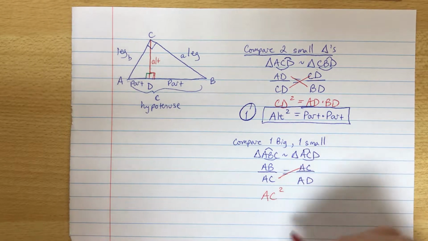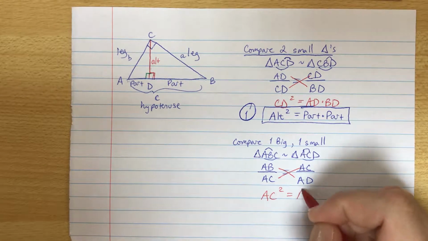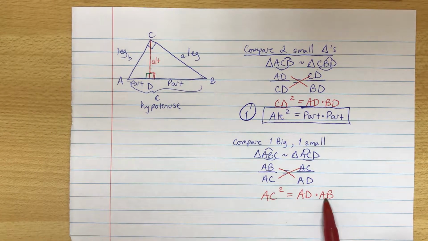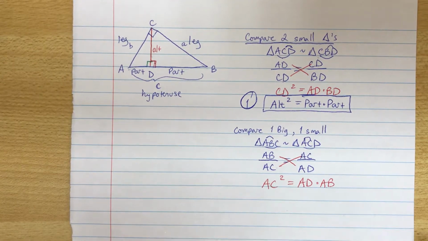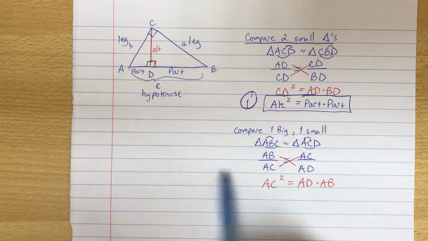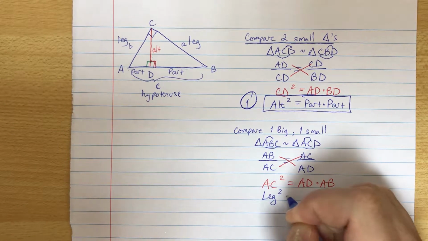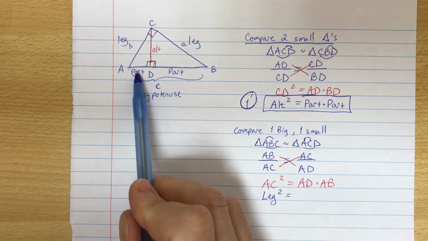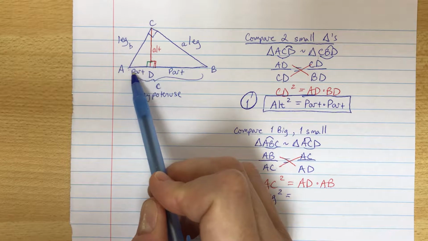So AC squared, AC times itself, equals, and I'm going to write the AD first, this length times the length of AB. Remember, these are just segment lengths. These are going to be numbers. Now, how are we going to remember that? Well, AC is a leg. So leg squared equals. Now, AD is a part, but it's the part that is next to AC, or what we say adjacent.